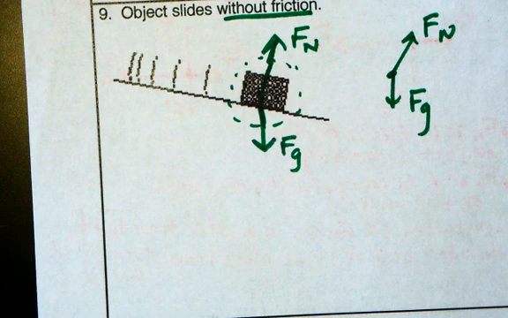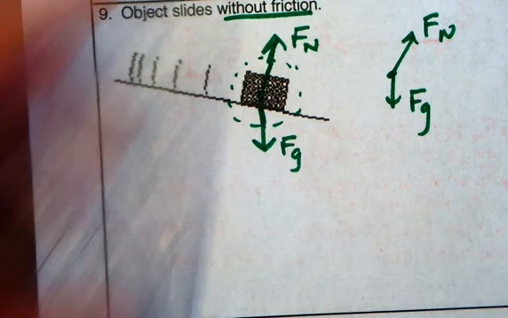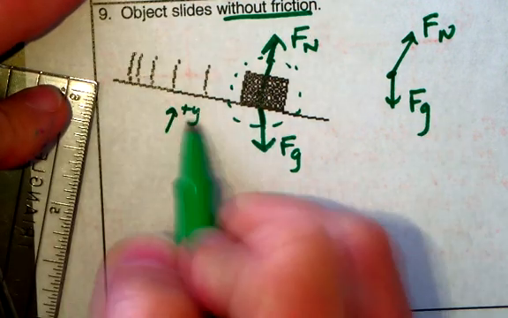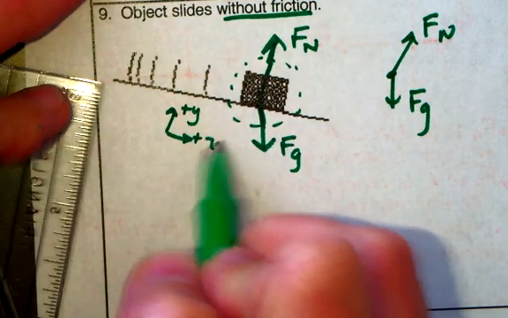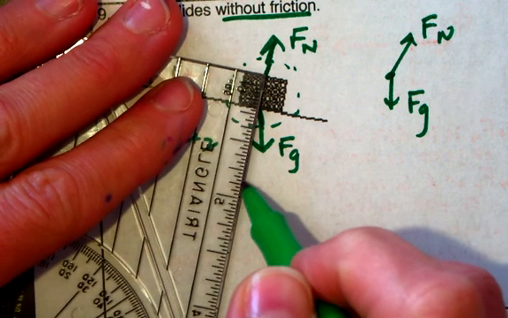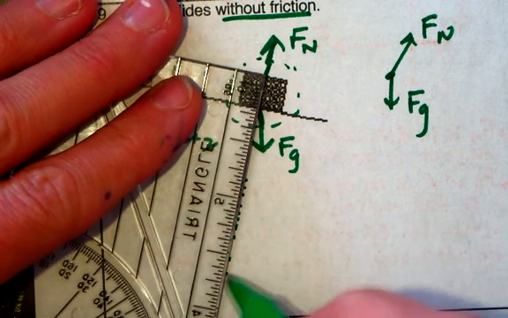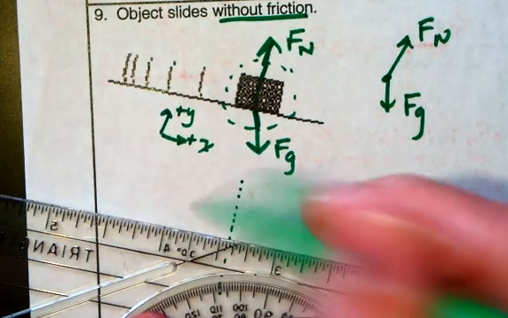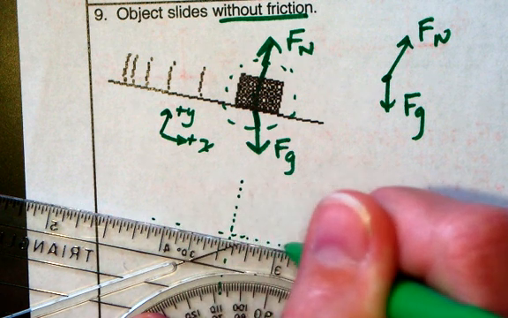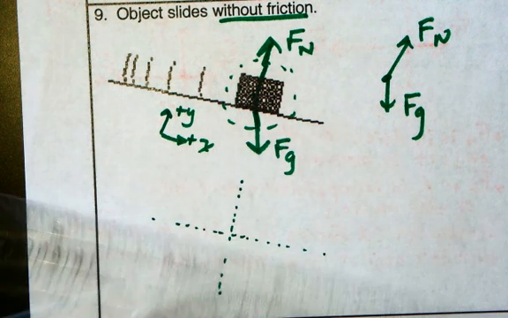So because the normal force is the one that we can easily see has to be equal and opposite to a force, I'm going to draw my y so it's in the direction of the normal force. So I'm going to draw this dotted line. There's my y-axis and my imaginary x-axis.